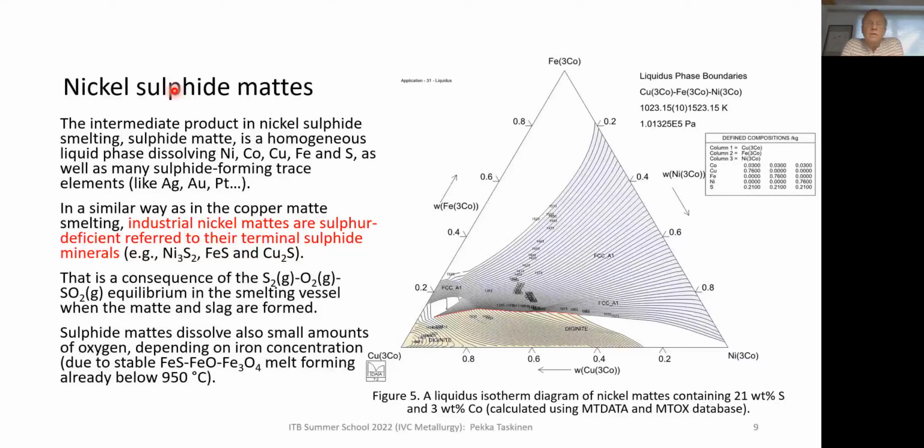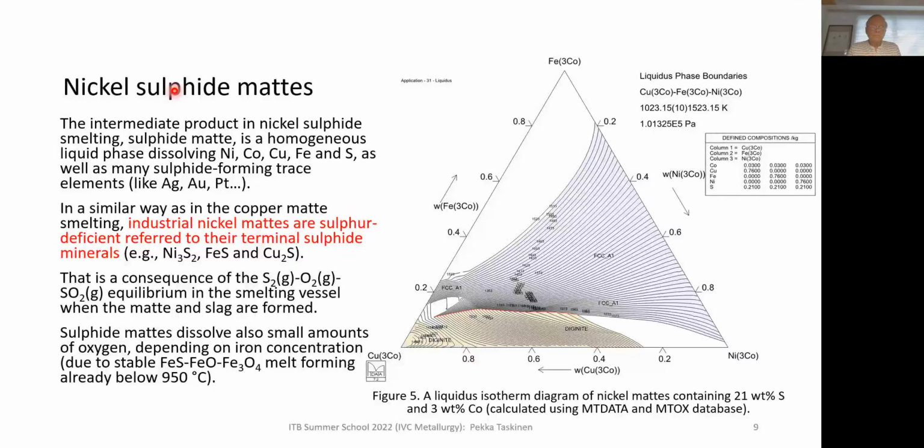And this molten sulfide is also a very good solvent for various trace elements, typically silver and gold, as in copper smelting, but also platinum group metals: platinum, palladium, rhodium, osmium, iridium. I will talk about their behavior in smelting a bit later also.